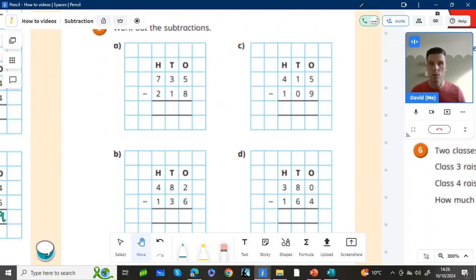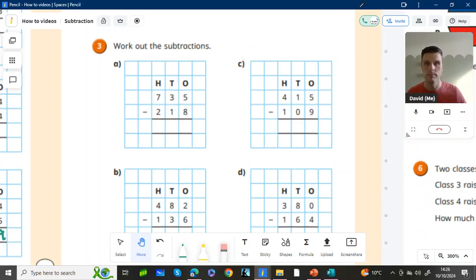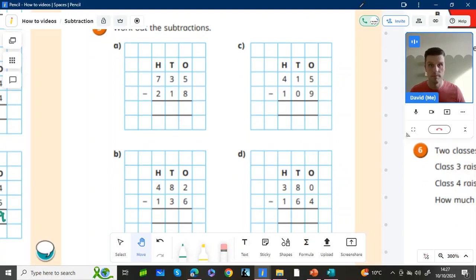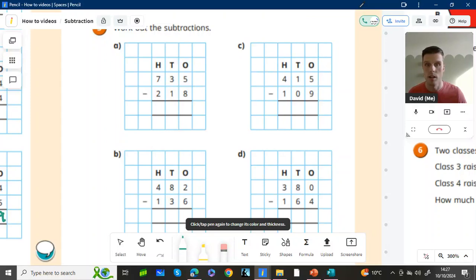Okay, moving on to question 3. You've got to work out all the subtractions. Again, I'll go through 1 just to show you how to do it. So 2 take away 6, I can't do. So I'm doing question B. That one needs, oh no, I can do question A, sorry. I'll do from the beginning, A. So 5 take away 8, I can't do.